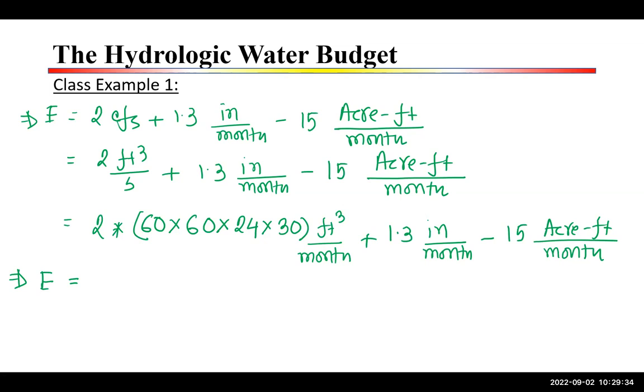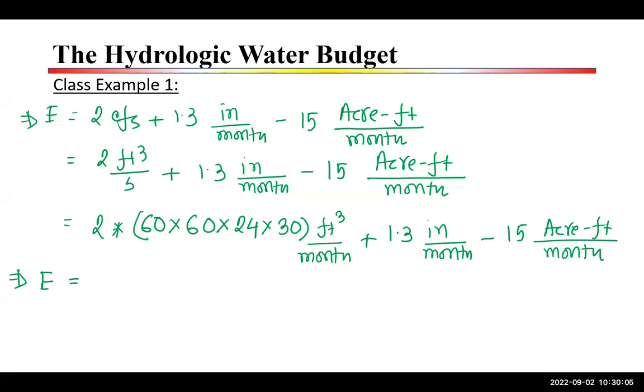Ask me questions if you have any. If not, I will just be here and help you. One hint: you can actually convert that feet cube into acre, like feet square, and then convert that feet square into acre because you know the conversion, right?